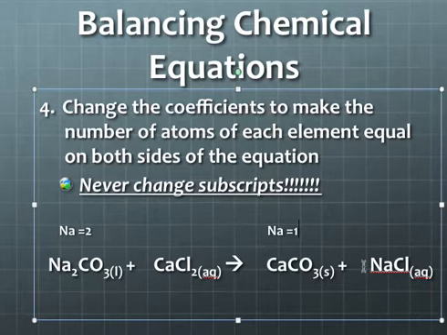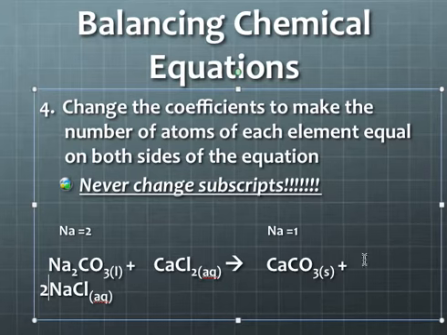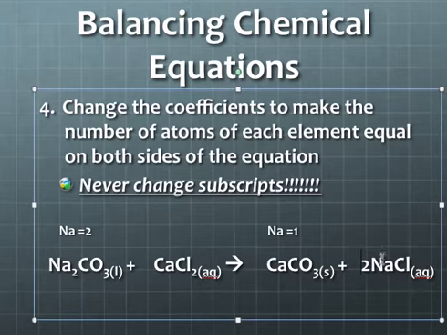So to change that, I need to put a coefficient of 2 in front of sodium chloride, okay? And that means I'm going to have 2 sodiums and 2 chlorides now over here. Okay, so this changes. Now, if you noticed, I have 1 carbonate as a reactant, 1 carbonate as a product. I don't need to do anything with that. 1 calcium, 1 calcium.